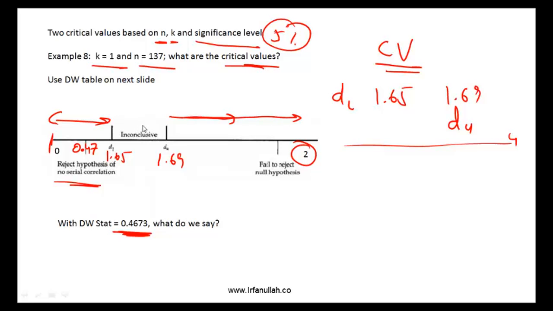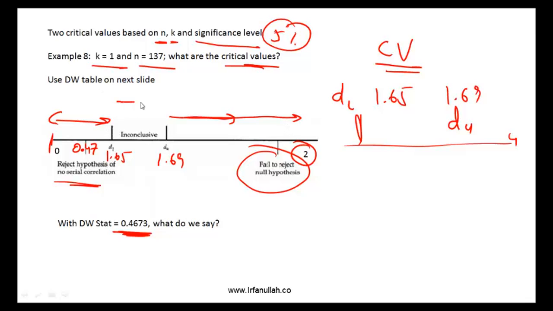then what is the data telling you? That you cannot reject the null hypothesis. What's the null hypothesis? Null hypothesis is no serial correlation. So if your DW statistic is 1.69 or above, at least between 1.69 and 2, and maybe till a little bit above 2, you can say that there is no serial correlation.